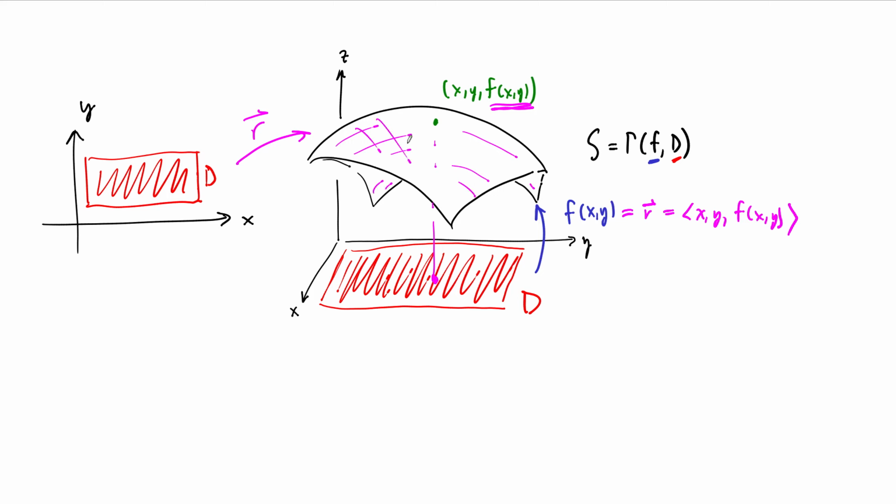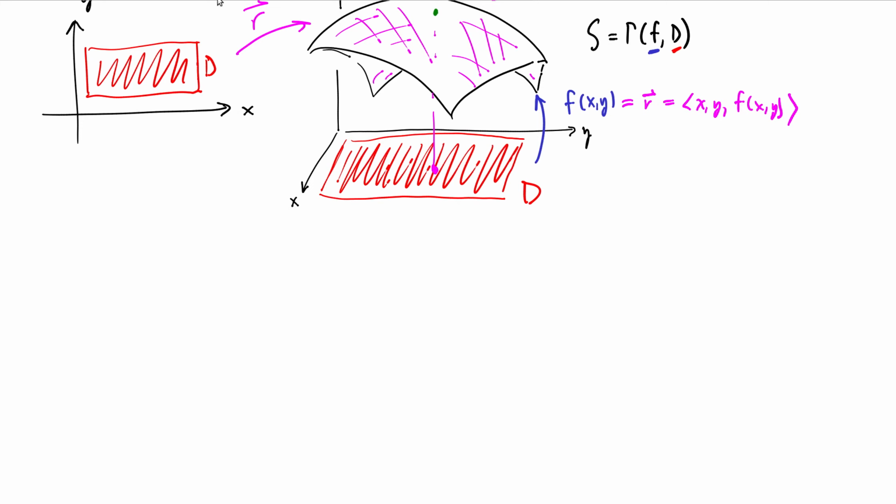Okay, so that's the idea, and what we'd like to do is compute the surface area now. So we know from our previous studies from this chapter that the area of a surface is given by the double integral over that surface of 1 dS, where this is a capital S, surface area element.